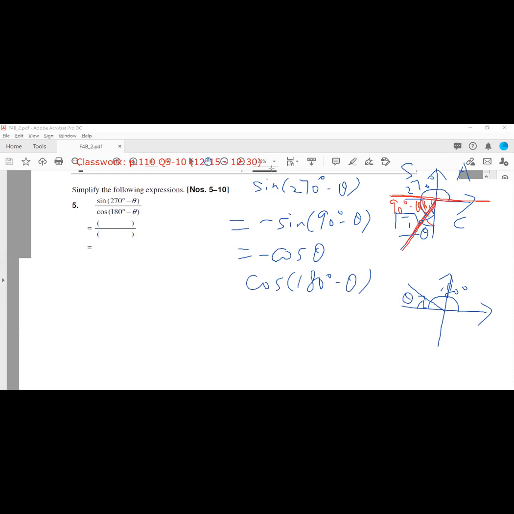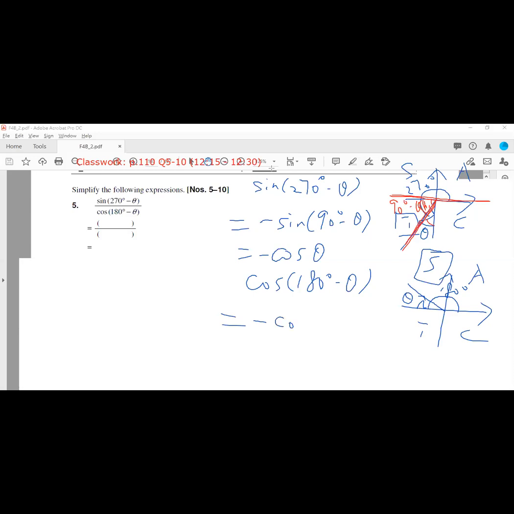Okay? And according to the ASTC rule, the side is stopping at the S box. But I am cosine. So I am stopping at the other people's box. Okay, so I get a negative again. All right, negative.